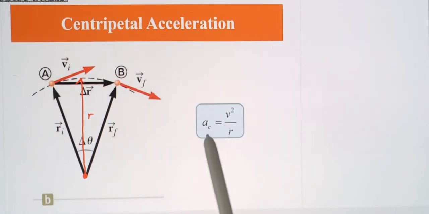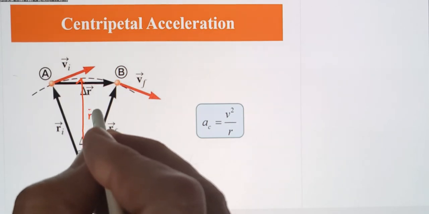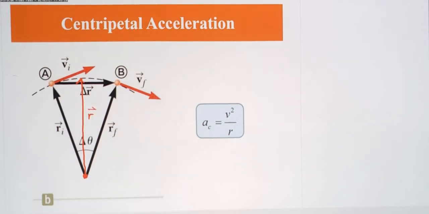So where is the direction of the centripetal acceleration? Away from the center or towards the center? The centripetal acceleration direction is towards the center. What is the proof?